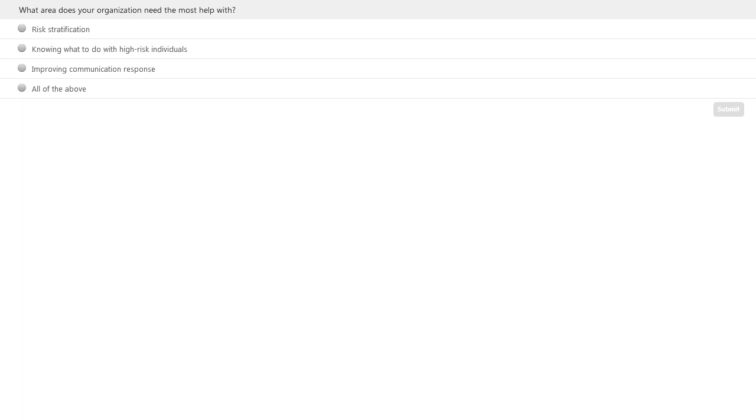So we definitely are hearing about all 3, but I'd say the thing we are most commonly hearing is knowing what to do with the high-risk individuals. A number of our clients have already had predictive analytics and, to some extent, are doing some risk stratifying and cohorting, but it doesn't really help them know what to do with that group.